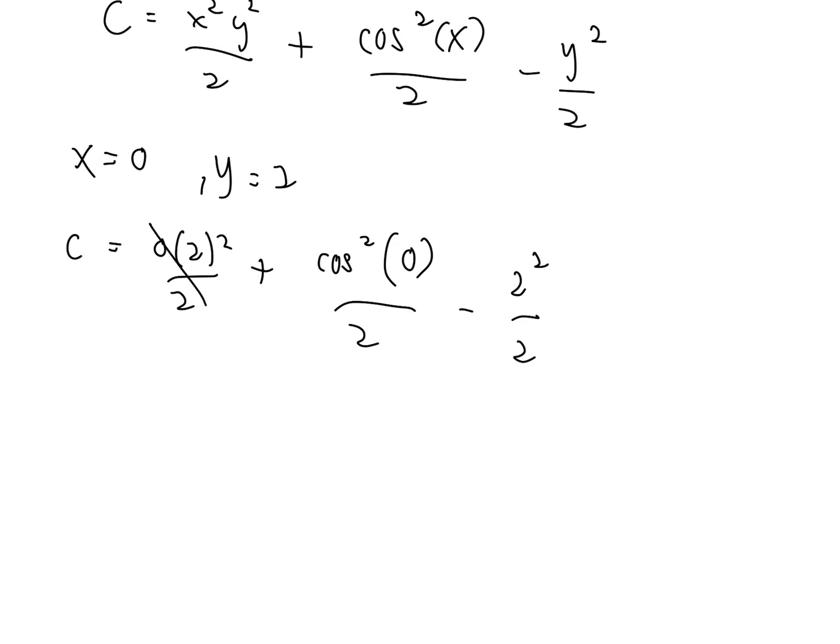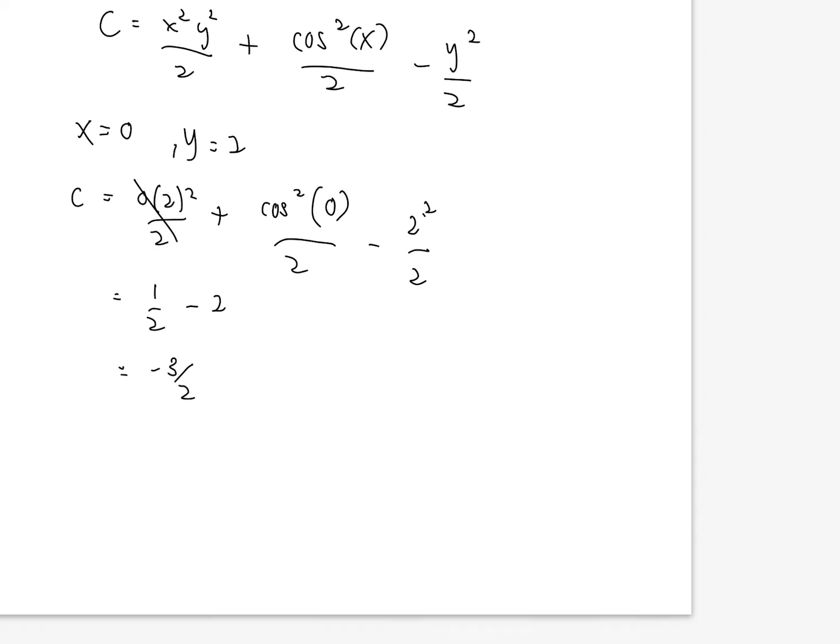So the first term will be 0. Cos squared 0 is 1, so 1 over 2. Then minus 4 divided by 2, which is 2. So 2 minus 1 over 2 with the sign, this is equal to negative 3 over 2.